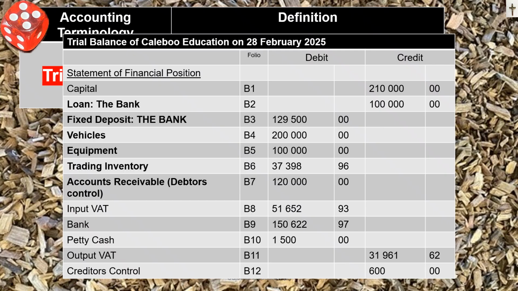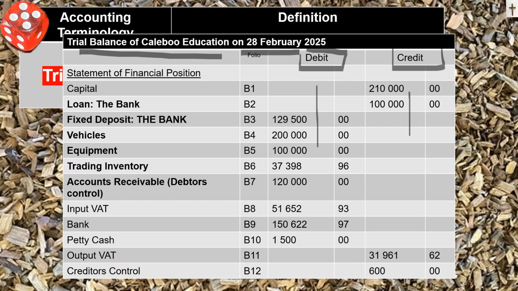The trial balance is drawn up at the end of the month. There's a column for debit balances and a column for credit balances. These balances will end up either on the debit or credit side according to accounting rules. More about that later.